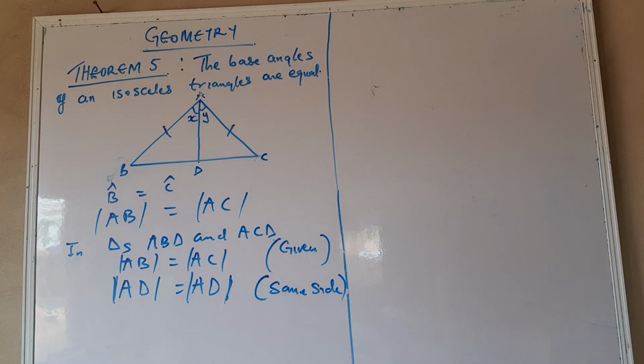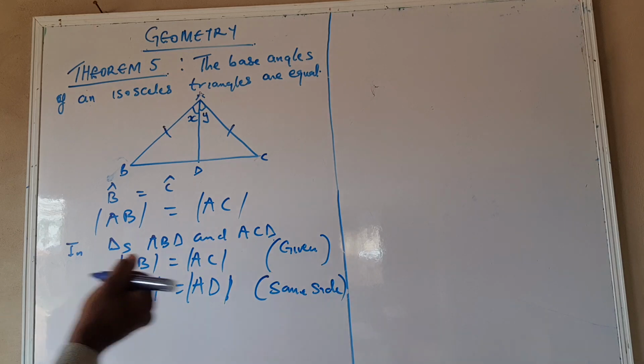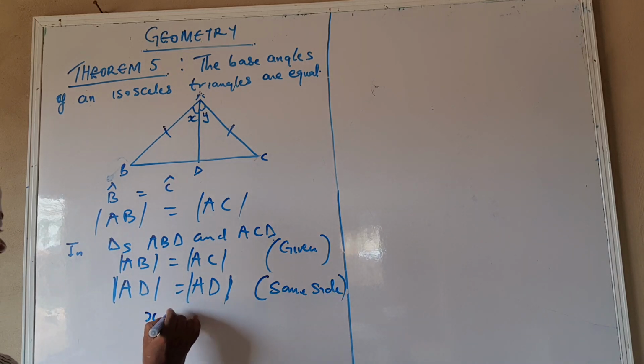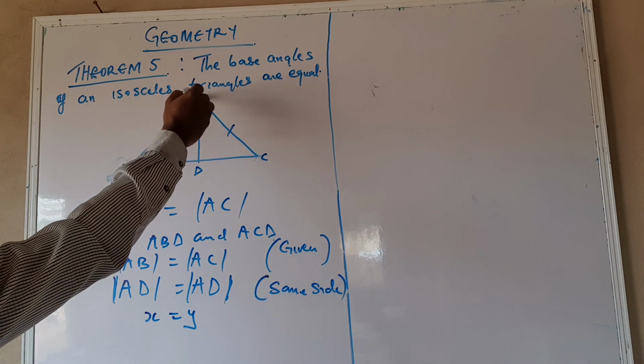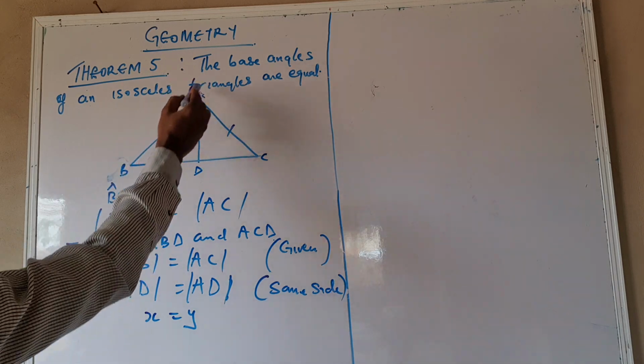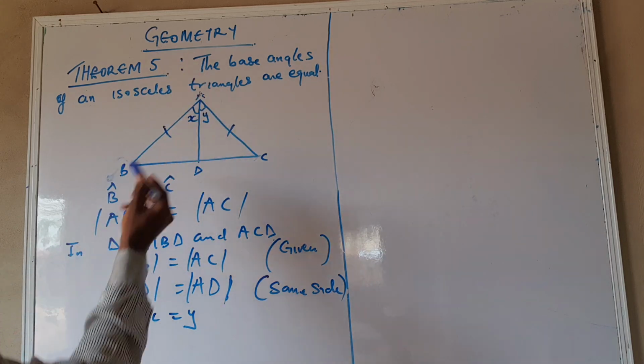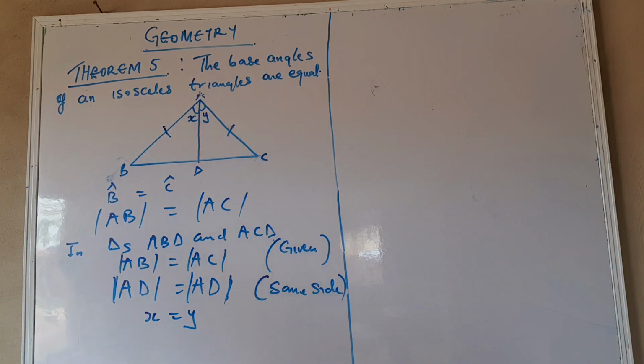Now, if this is the case, then we can automatically say that what? X is equal to Y. That this X is equal to Y, because this line has actually divided this angle ABC into 2. So X is equal to Y. If that should be the case, then it means that what?